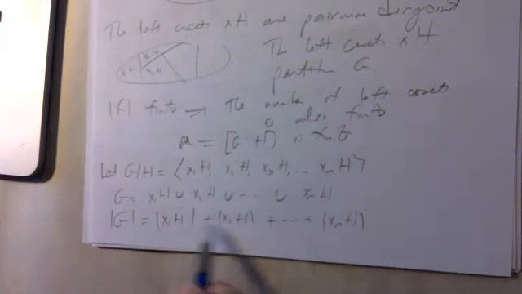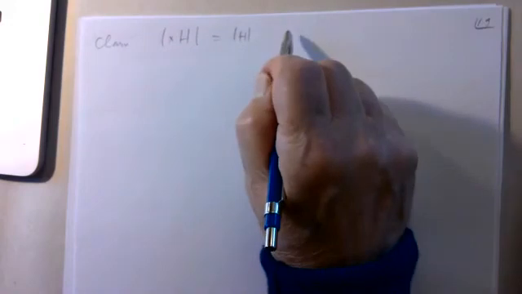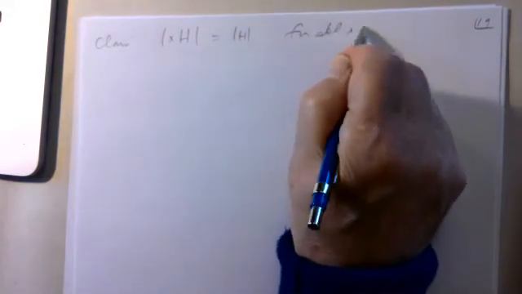And I claim that all of these cosets have exactly the same number of elements. So I claim the cardinality of the left coset xH is the same as the cardinality of the subgroup H for all x in G.